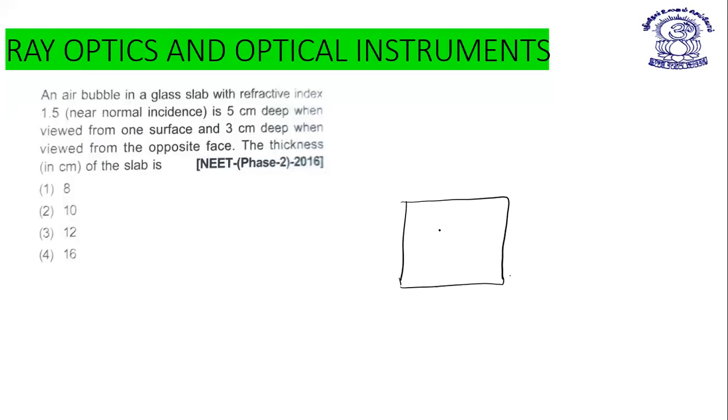Let's say this is the glass slab and this is the spot. This much is the apparent depth from one side. Let's say it is x. Total length of the glass slab is L. Then this depth will be L minus x.